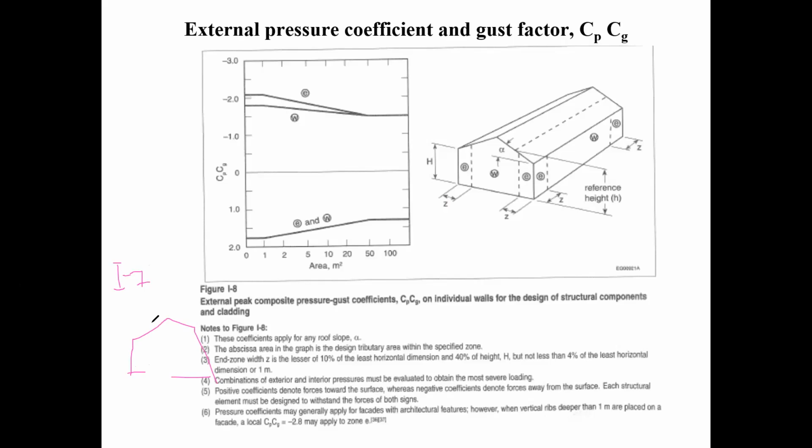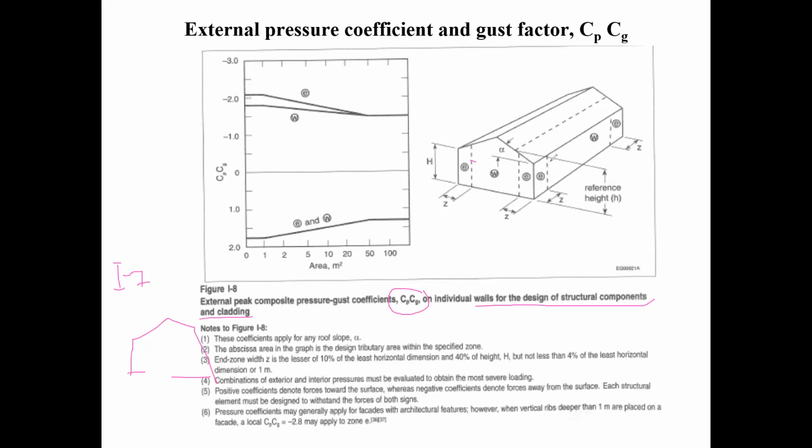But for the wood, we'll assume that the cladding of the plywood will be sufficient to take care of the lateral loads. Here they're telling you this is where you get your CpCg values, but this is for external peak composite pressure gust factors on individual walls designed for structural components and cladding. And don't forget, a wall is considered cladding.